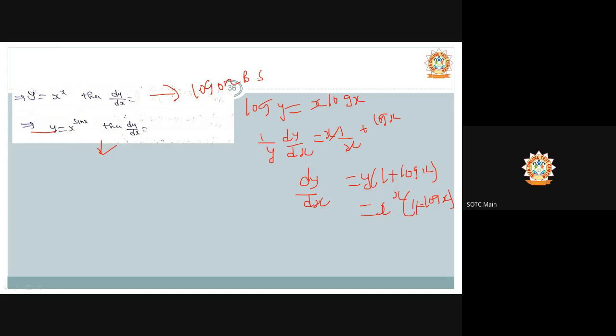Yes, very good. y into sin x by x plus log x into cos x is the correct answer, because here it is not only sin x into x, it is sin x into log x, right? Don't get confused. Let us see the next question.